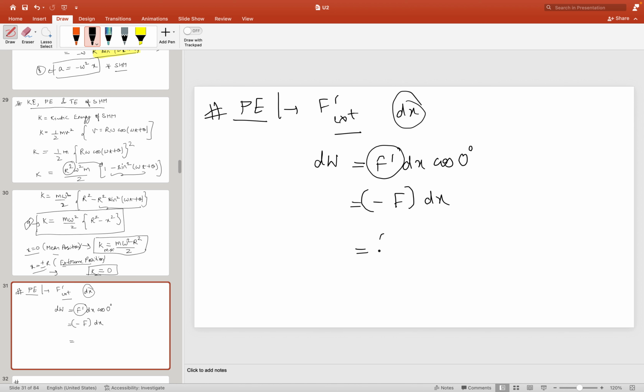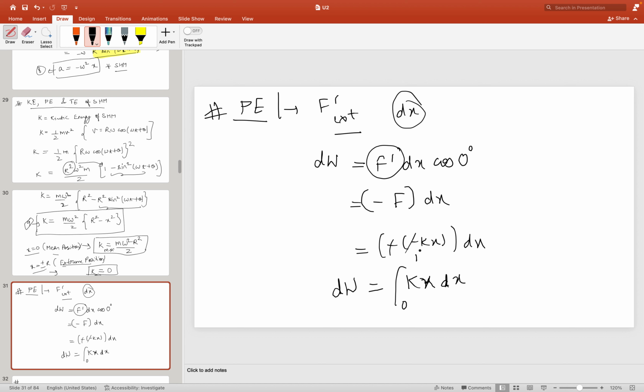Now F is equal to minus kx. So minus minus kx, it will cancel out. So we will get kx dx is equal to dw. Now simply, potential energy is equal to the work done to produce the extension x in the system.